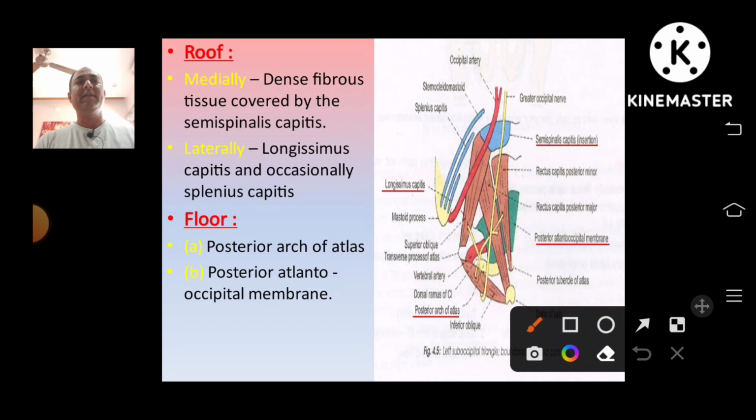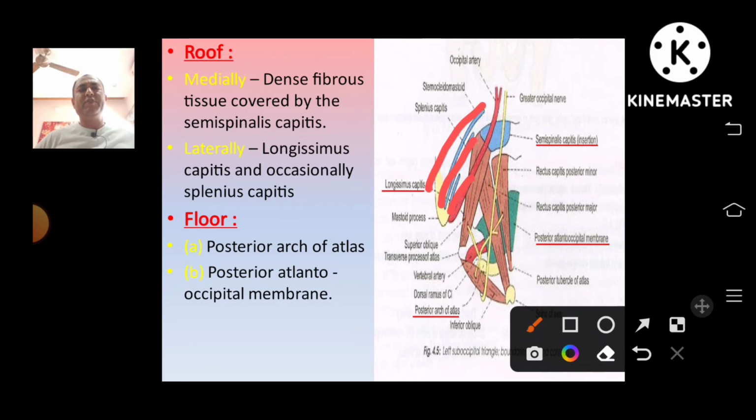If you remember, these 3 muscles, sternocleidomastoid, longissimus capitis and splenius capitis, are attached over the mastoid process. All are inserted over the mastoid process. Out of which the longissimus capitis mainly, and sometimes in association with the splenius capitis, forms the roof of the suboccipital triangle.